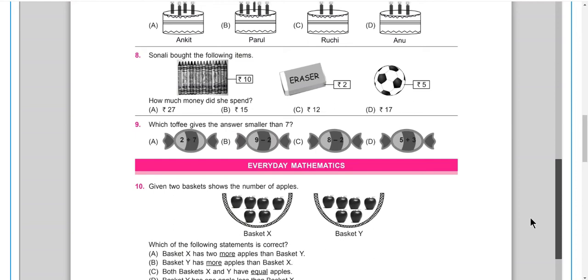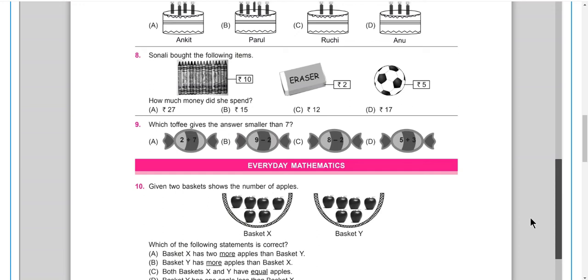Next is 9 minus 2. 9 minus 2 is 7. Correct. Next, 8 minus 2. 8 minus 2 is 6. Then 5 plus 3 is 8.